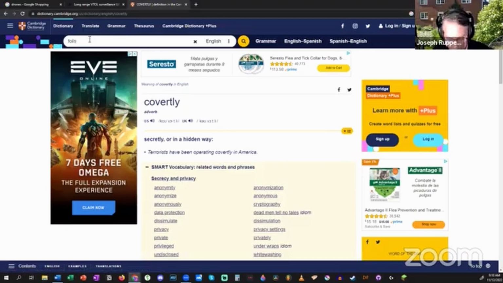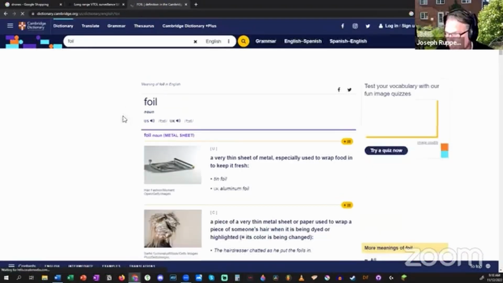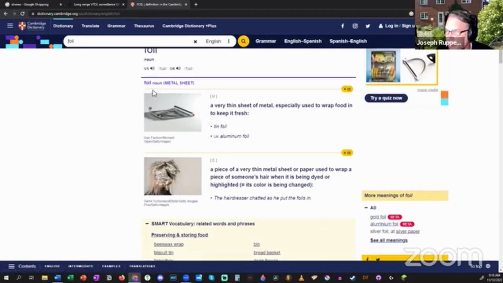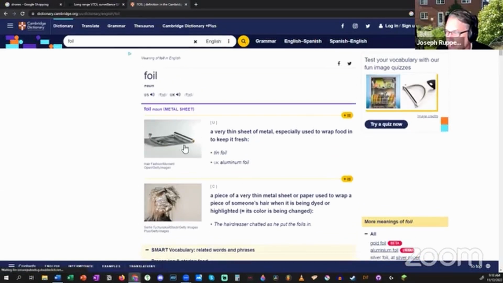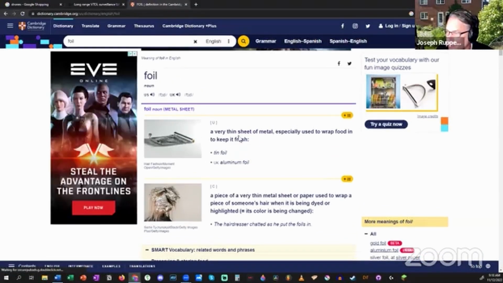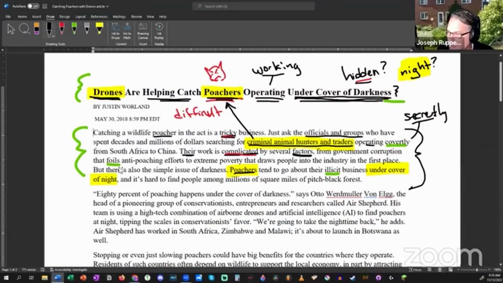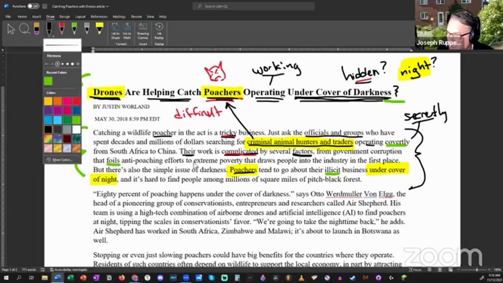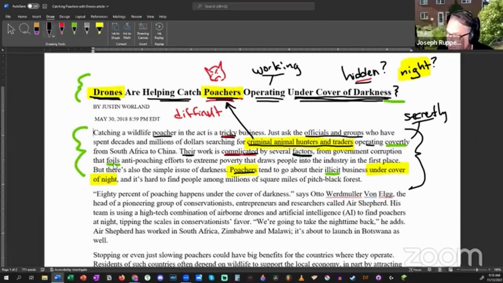Foil, probably could say to foil. We have a noun, some tin foil or aluminum foil, a thin sheet of metal. But this is a noun and we're not interested in the noun. If we look here, this is being used as a verb: that foils anti-poaching efforts. So their work is concerned by several factors.